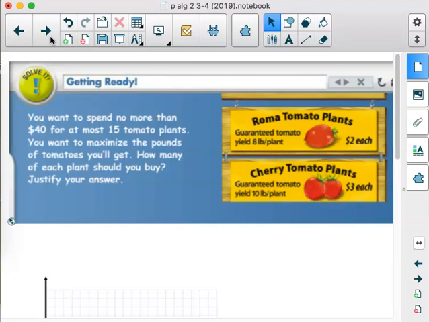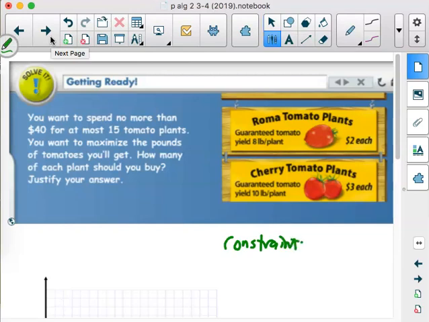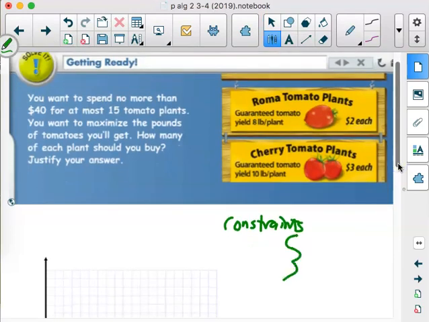So what we want to do with our tomatoes is figure out the constraints, the things that are holding us back, the things that we don't have unlimited supplies of. And I want to use totals to do that. So when you read through that problem, what's one total that hits you right away? 40 bucks.